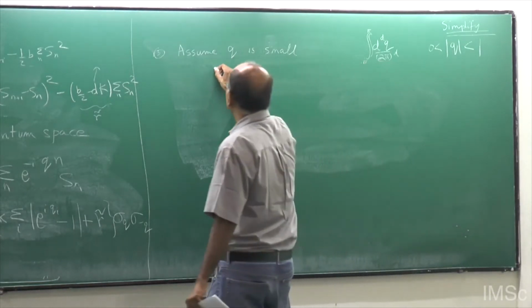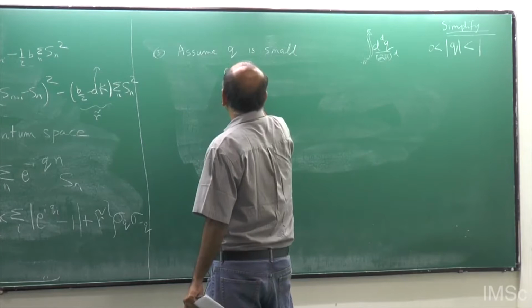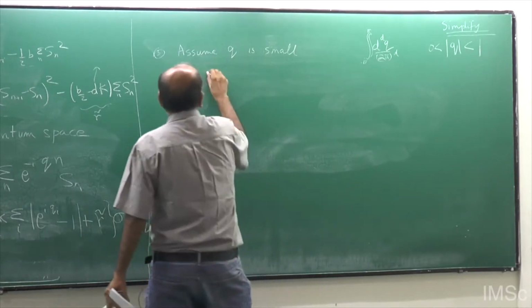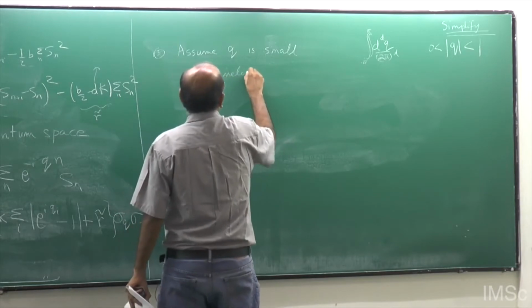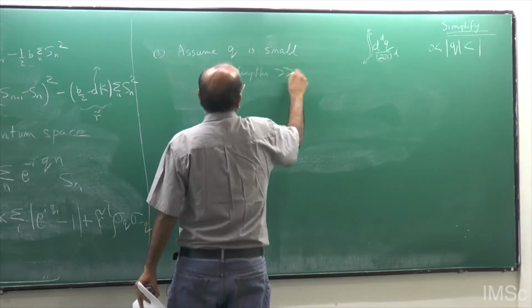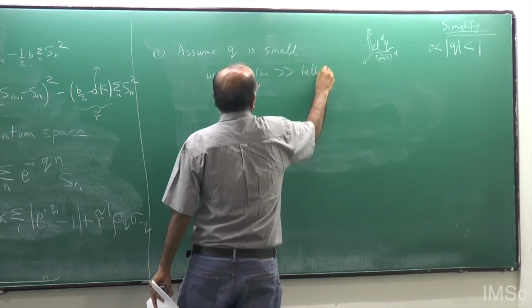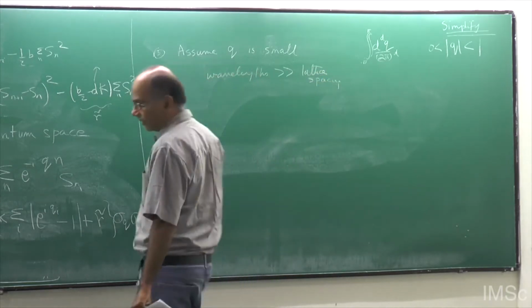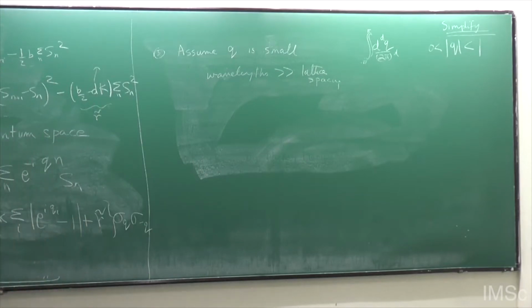So this means Q small, or so I should say, wavelengths much larger than lattice spacing. Or in field theory language, you're interested in the low energy behavior of the theory, long distance behavior of the theory. So let's simplify it.